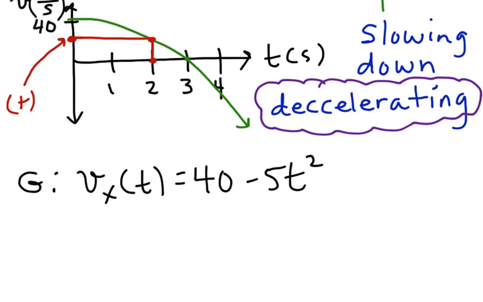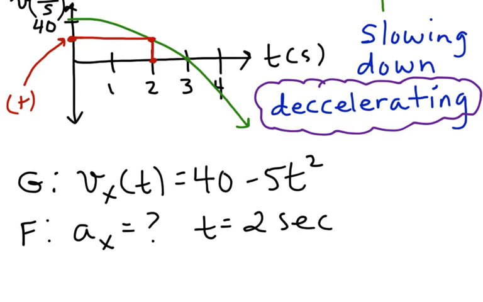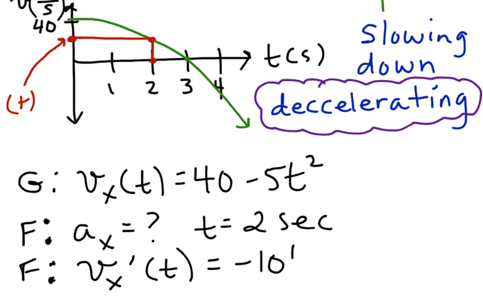Going back to our original function, I'd like to now find the instantaneous acceleration, or a sub x, when t is at 2 seconds. So the formula that we are going to use here is we are going to take the derivative of our original function, which is simply going to be negative 10t.